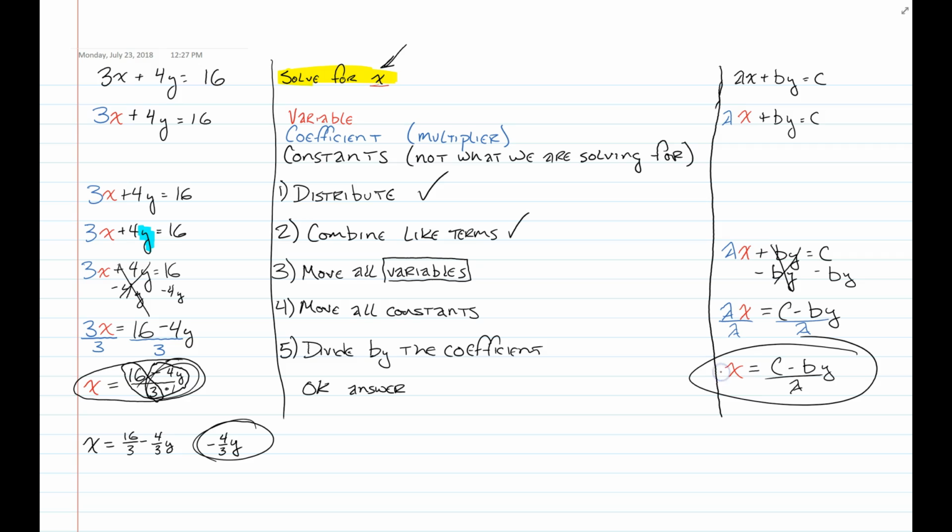That's one good answer. A better answer would be x equals c over a minus b over a times y. And if you have any questions on how this becomes this, please let me know.